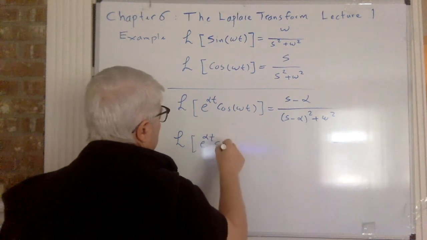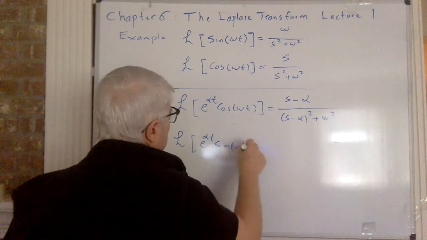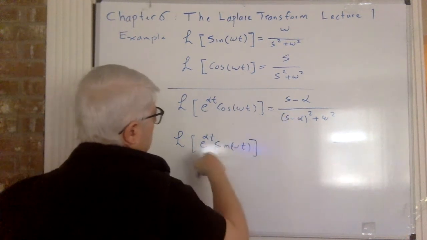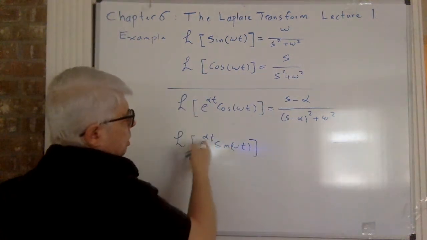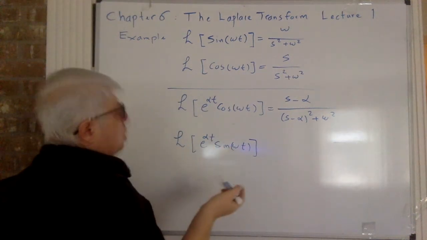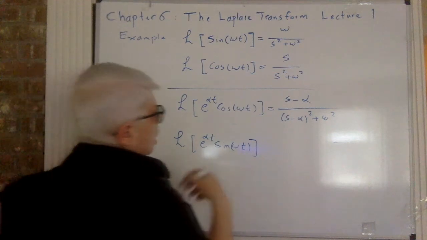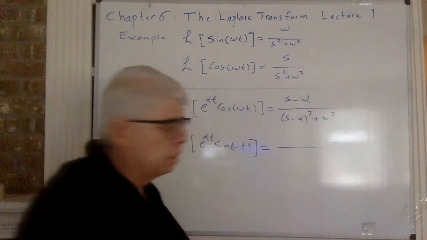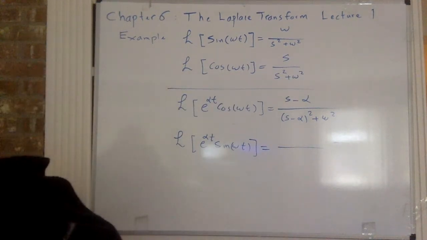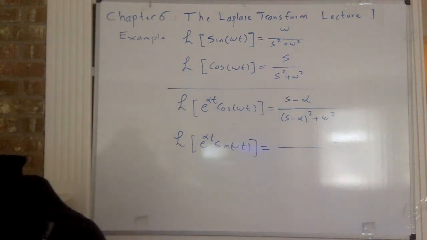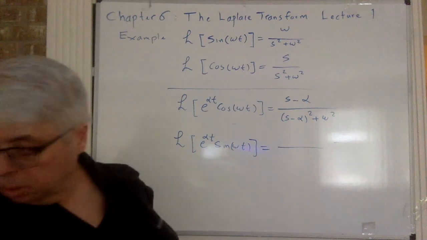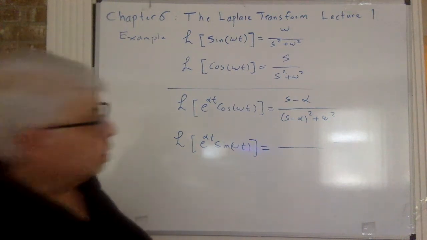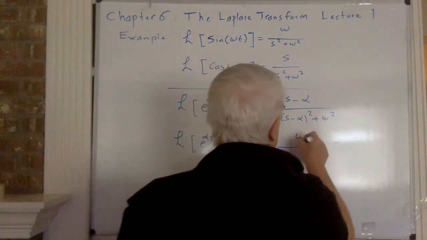And e to the power alpha t sine omega t. You can guess why this happens, because there's e to power minus st times this. So basically you are doing the same integration and you have to do it twice. Well, don't bother. We have this in the table, and the sine will be simply omega over the same thing.